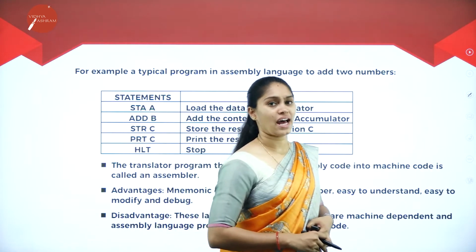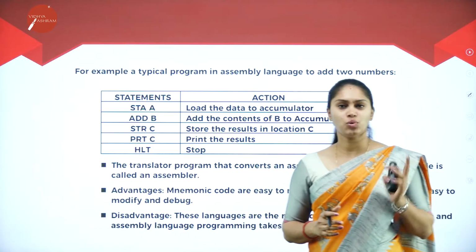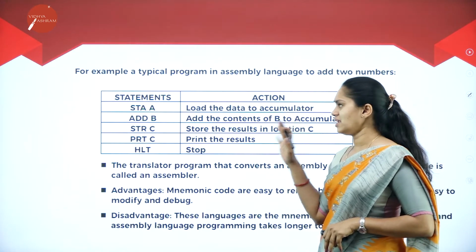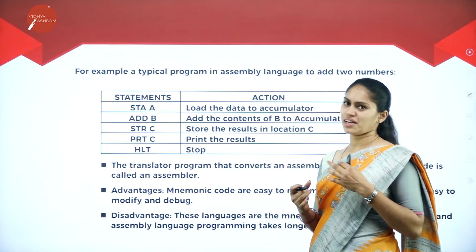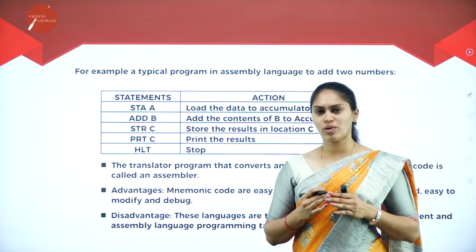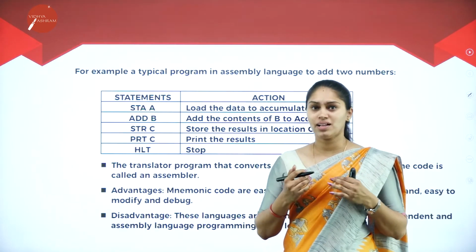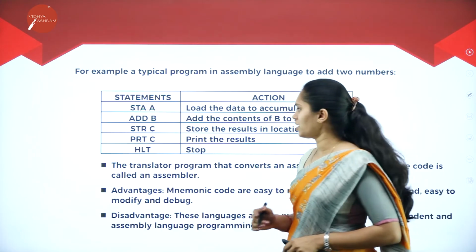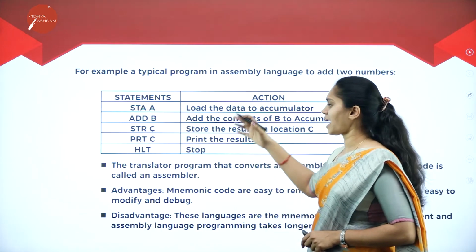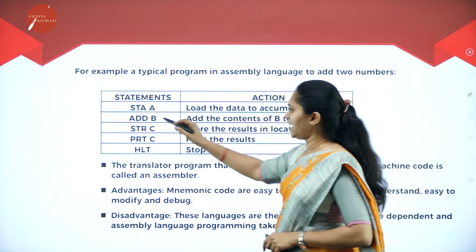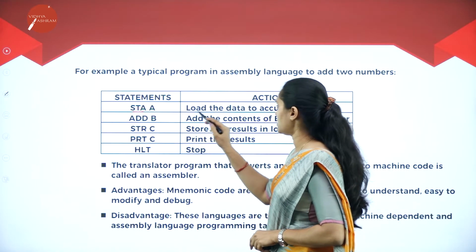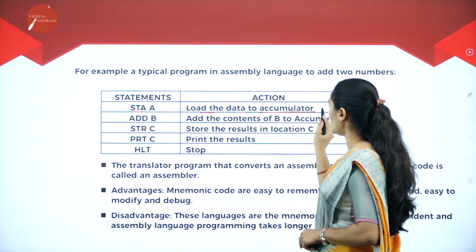You can see the example here. Here also I am adding two numbers with the help of assembly level language. Which is more convenient, dealing with zeros and ones or dealing with symbols and words? Here you can see the statements and the action each performs. LDA means load the data to the accumulator.